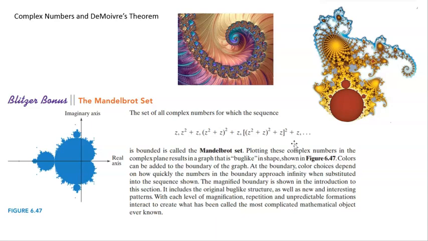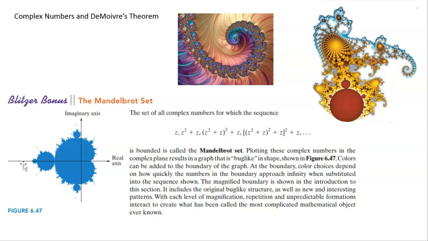It says plotting these complex numbers in the complex plane results in a graph that is bug-like. If you look to the left, that's what they mean. It looks sort of like a bug. Colors can be added to the boundary, which means the edges of the graph. At the boundary, color choices depend on how quickly the numbers approach infinity when substituted in the sequence shown above.